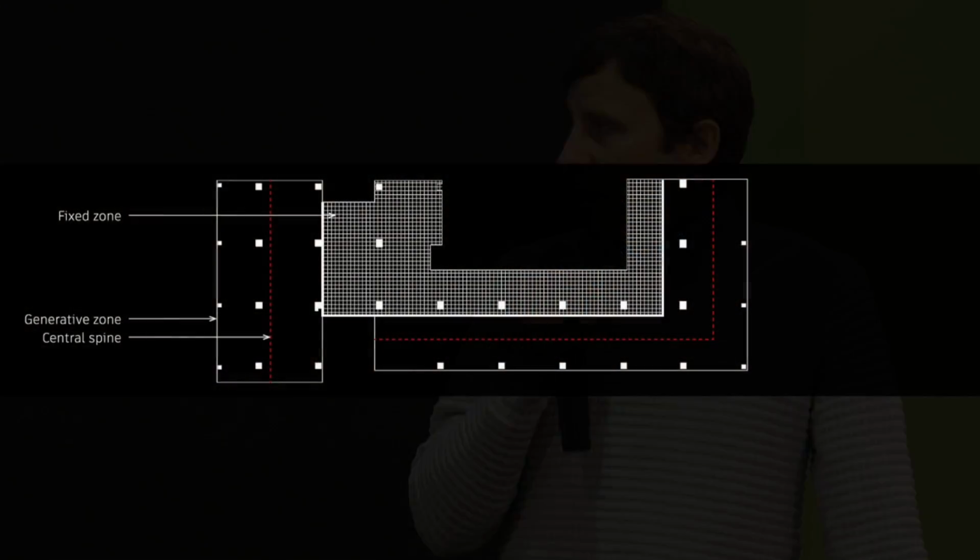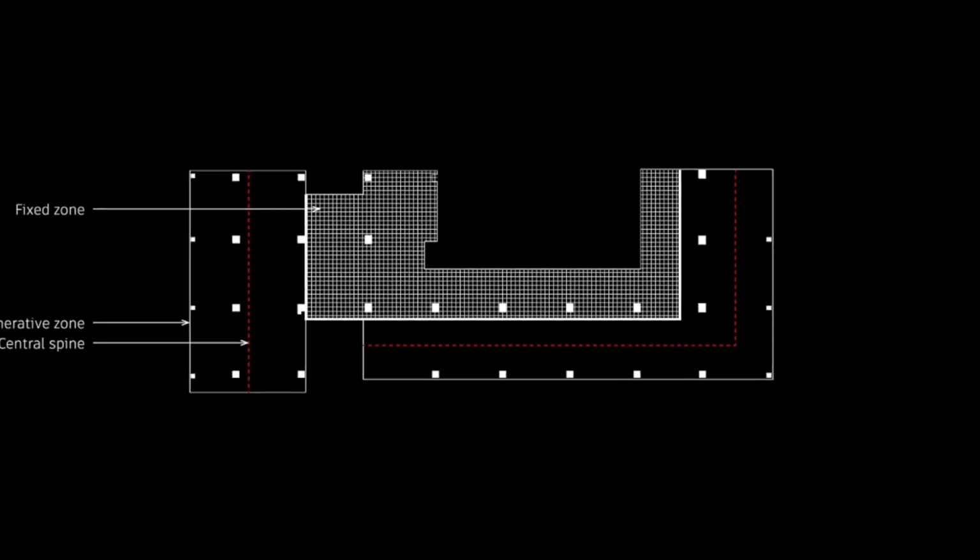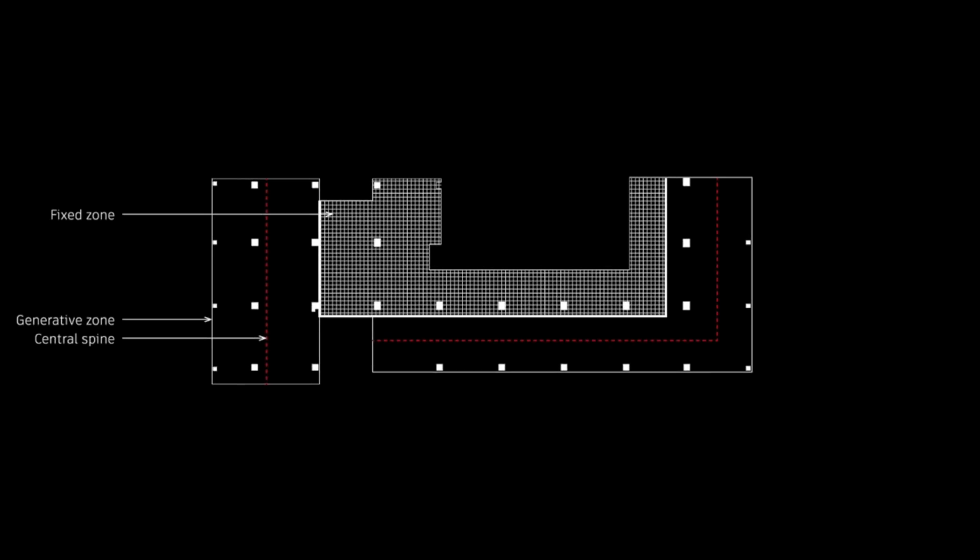So after we have these goals, the next step, step 3, was specifying the constraints. Here you see the perimeter of the floor plan, one of the 3 floor plans, and we're marking out a fixed zone shown with this hatched area and a zone that's open to generative design, shown as this open dark area.